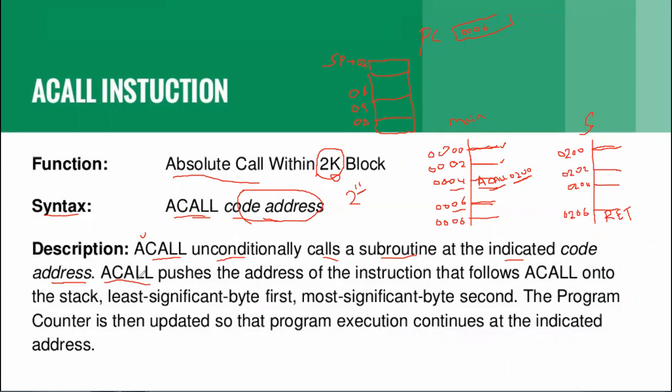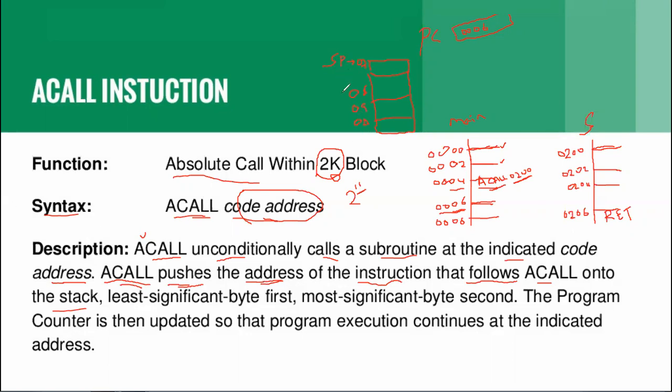First, ACALL pushes the address of the instruction that follows ACALL onto the stack. So what is the following address? 0006. 0006 will be pushed. Push means what? We are storing the address into the stack memory, correct?